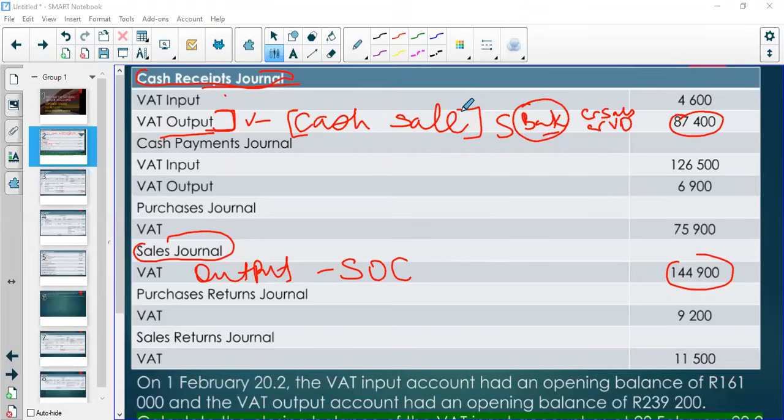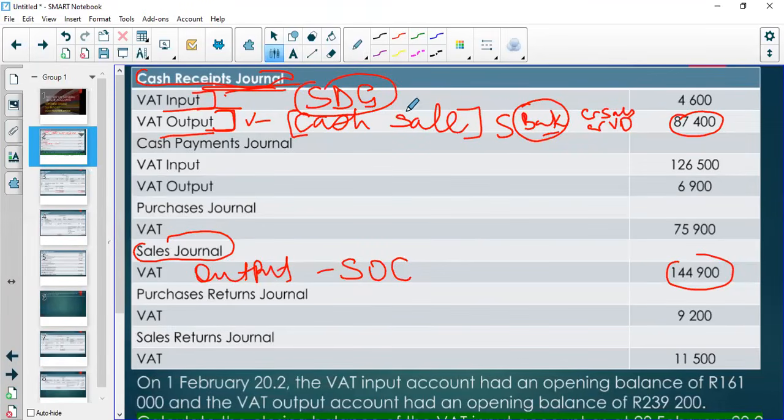So that's very important to understand where the transaction comes from. What are the other contra entries, or what is the other leg of the transaction that was either debited or credited? So if you look at VAT input in a cash receipts journal, it means we are receiving cash and then we have an expense from receiving cash, right? And that expense is the settlement discount granted. To say we allowed a customer to pay less, and then we had an expense called settlement discount granted.